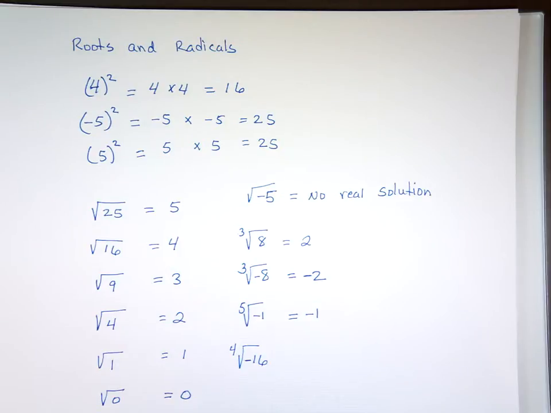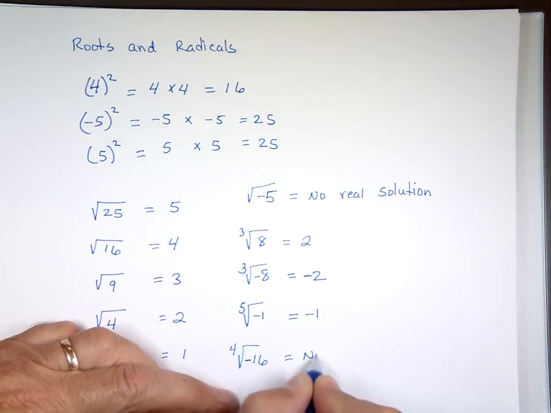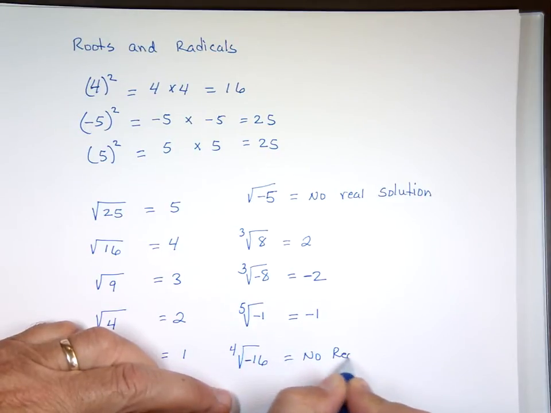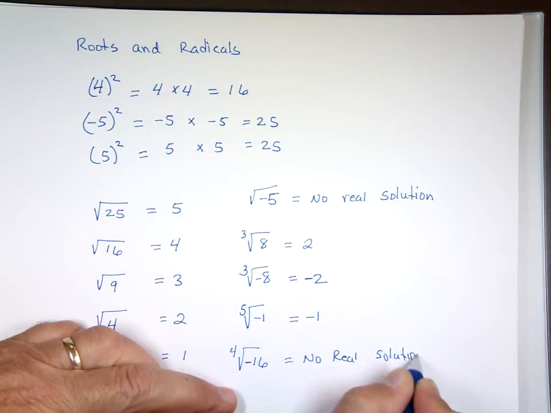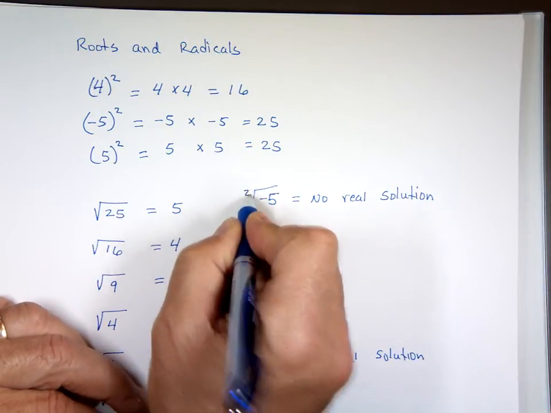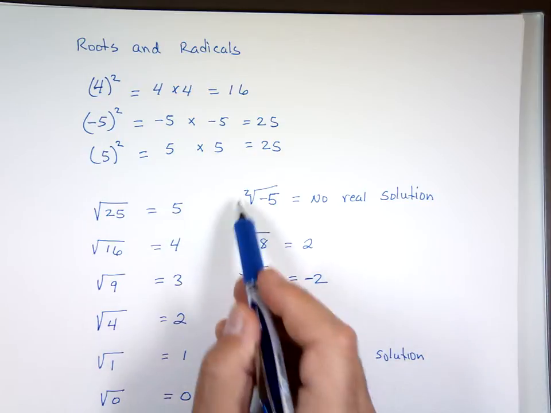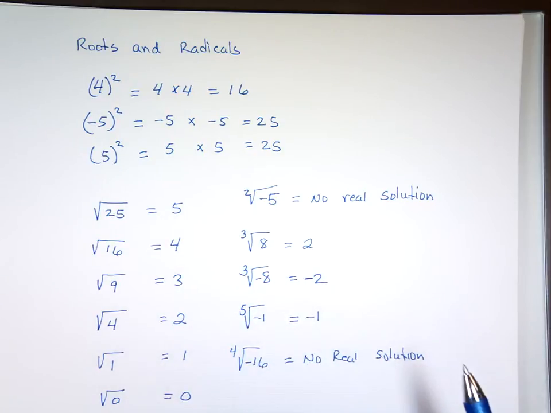It will never be negative. So if the root, this number, is an even number, like 2, which we just don't put, there's no real solution. If it's an odd number, you can find it.